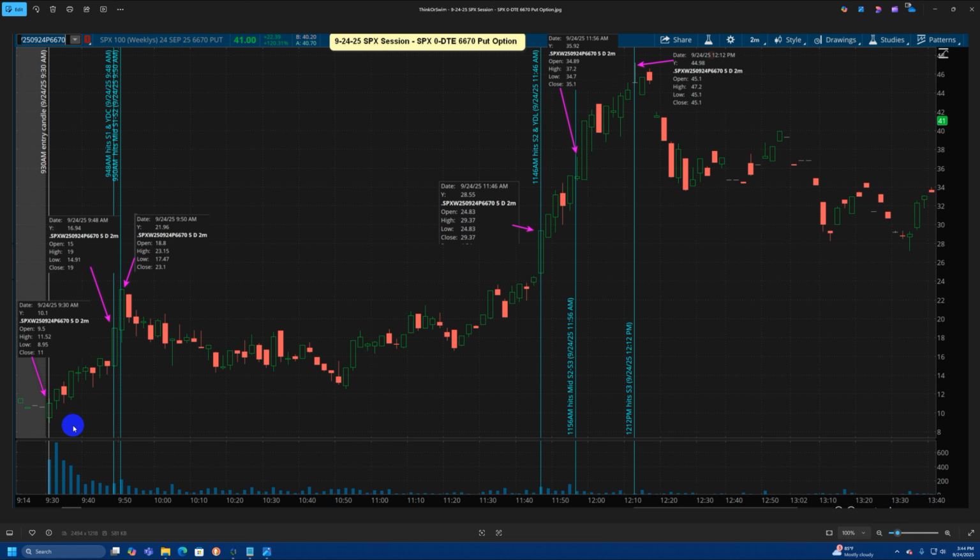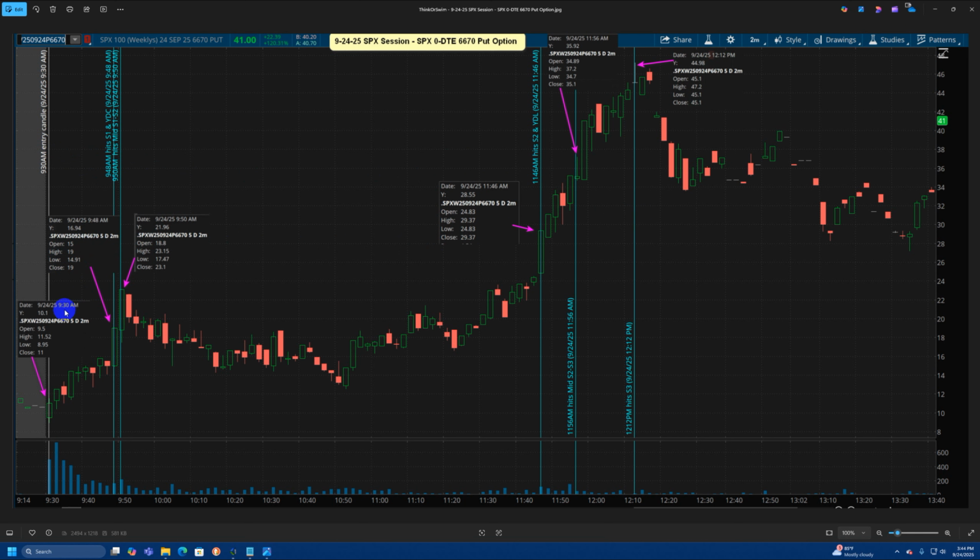These vertical lines are the timestamp lines, which we've also got notated, like here, entry candle, and then when it hits different levels. These are the data windows showing price. It's also going to show the open, high, low, and close during that candle.